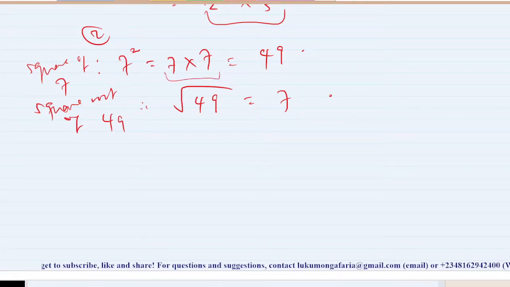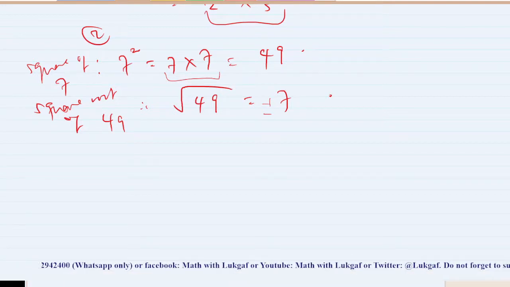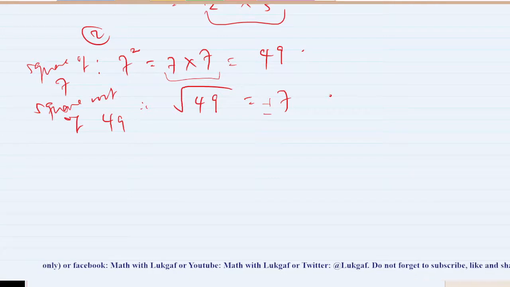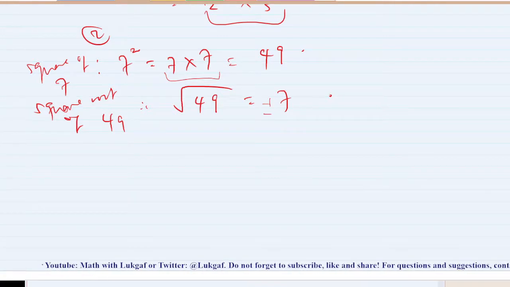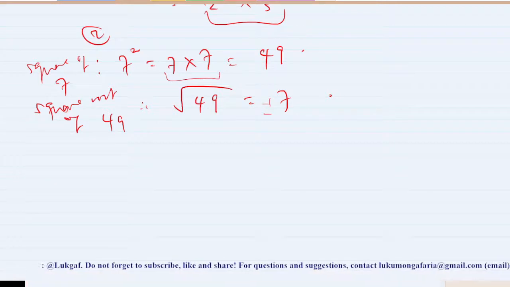Although when you reach a higher level, we say the square root of 49 is plus or minus 7. By the principle I told you the other time, when you say the square root of a number, you basically mean such a number that when you multiply it by itself 2 times gives you the number in the radical, which is inside the root.